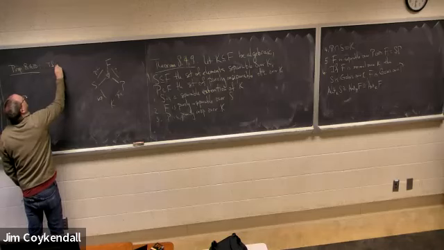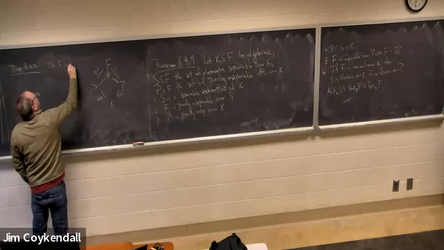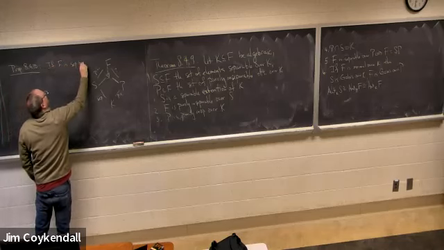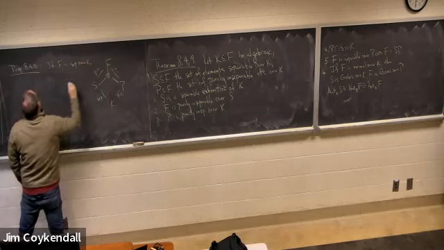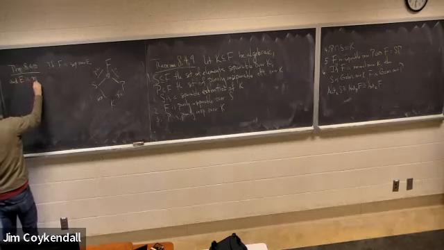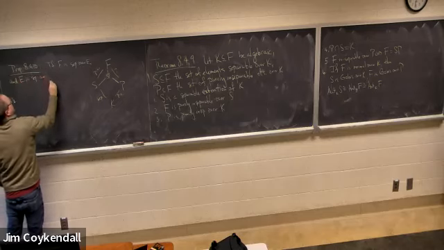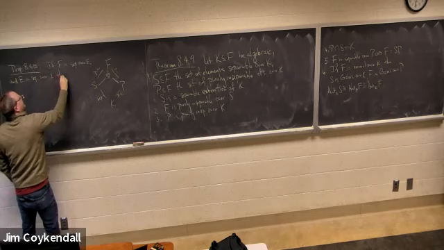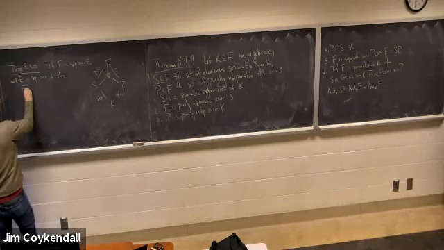If F is separable over E and E is separable over K, then F is separable over K.